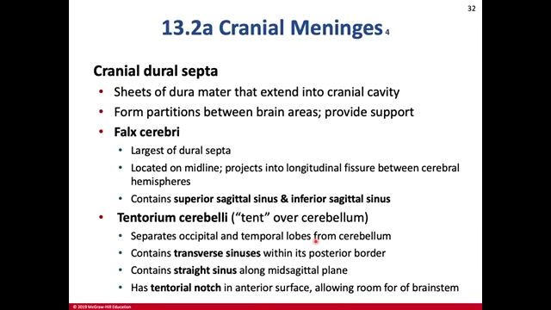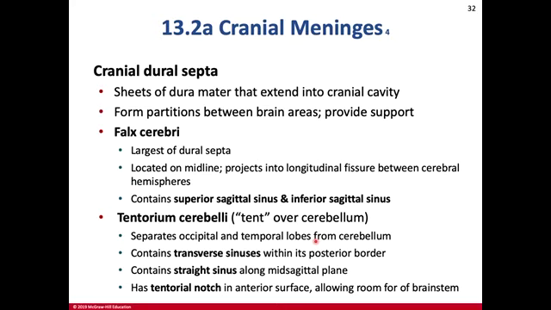And the tentorium cerebelli separates the occipital and temporal lobes from the cerebellum and has a transverse sinus within its posterior border and a straight sinus on the mid-sagittal plane, and a notch in the anterior surface that allows room for the brain stem to function.